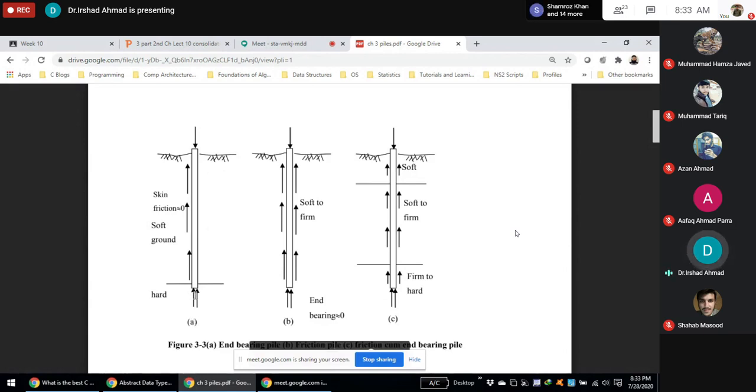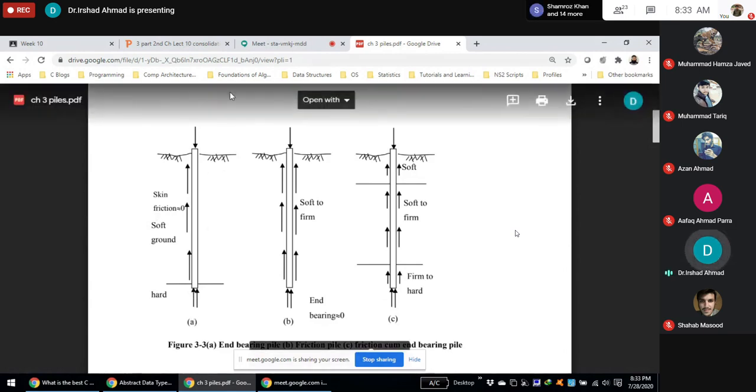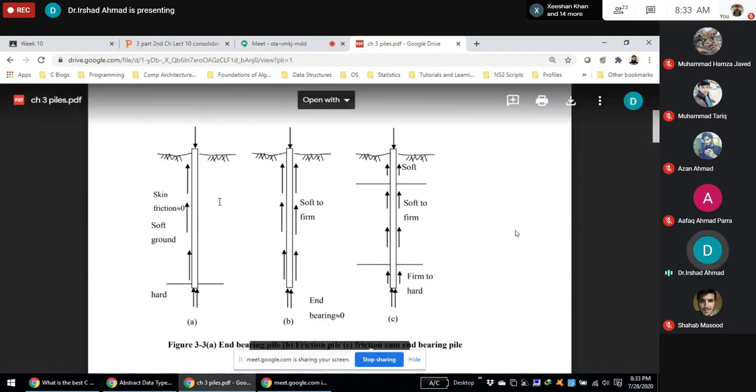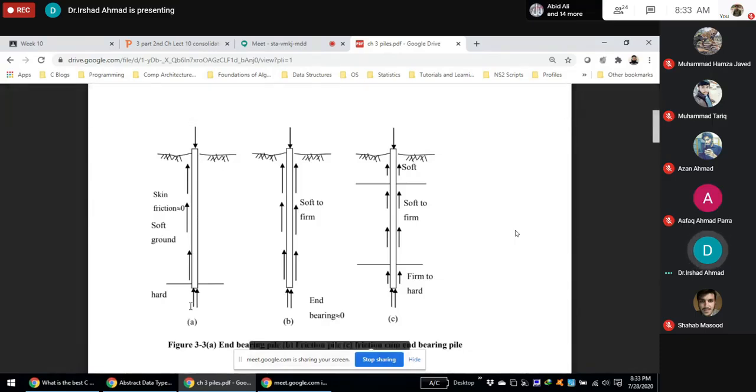So in your calculation, these are called end bearing piles because the resistance is coming from the end of the pile, not from the side friction resistance, right? So in your calculation, you can ignore the side resistance and only rely on the end bearing.